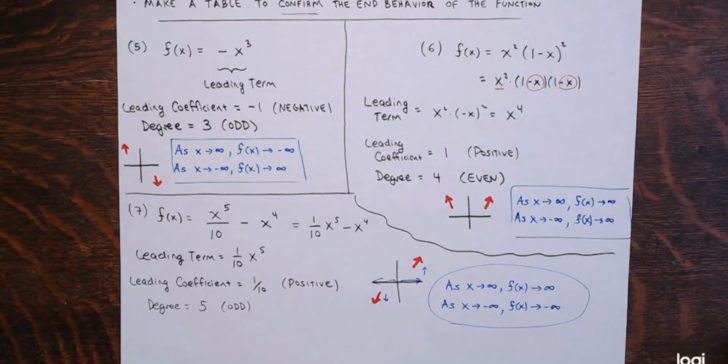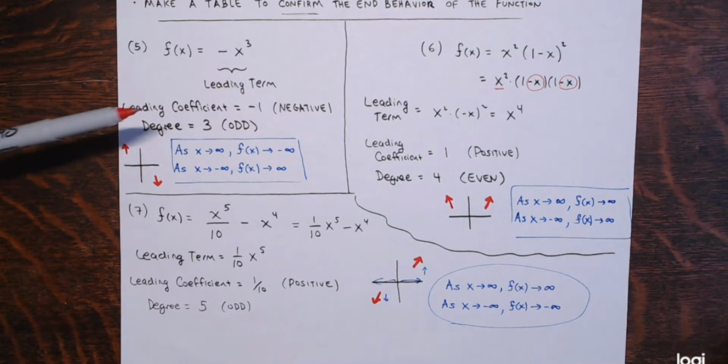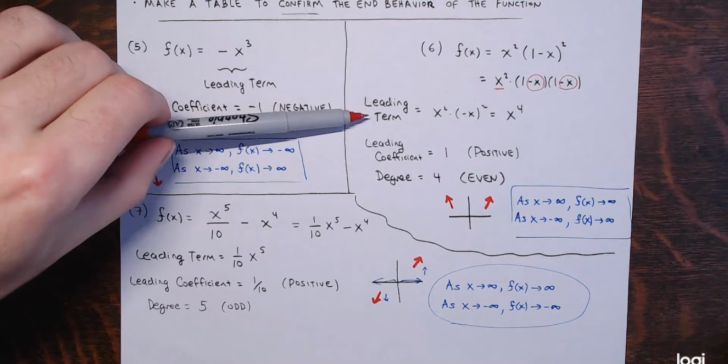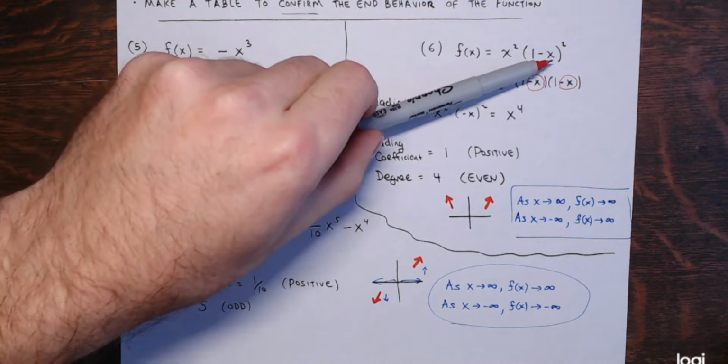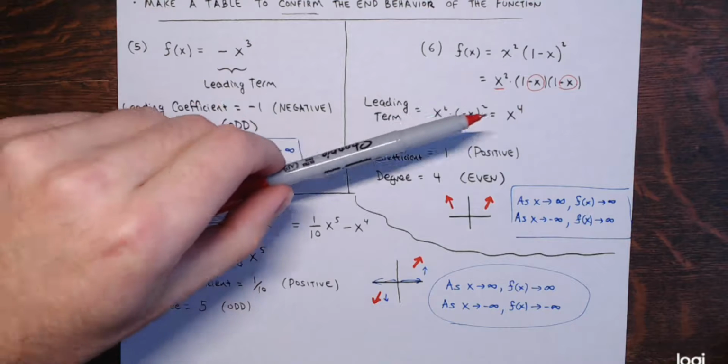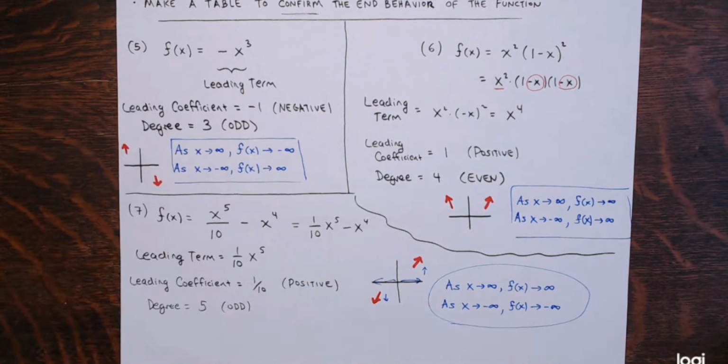Hopefully this is easy enough. If you're given a polynomial function and asked to determine its end behavior, all you need to do is identify the leading term. And if it's in some crazy factored form, just multiply the lead term of each factor. That'll give you the lead term of the entire polynomial.